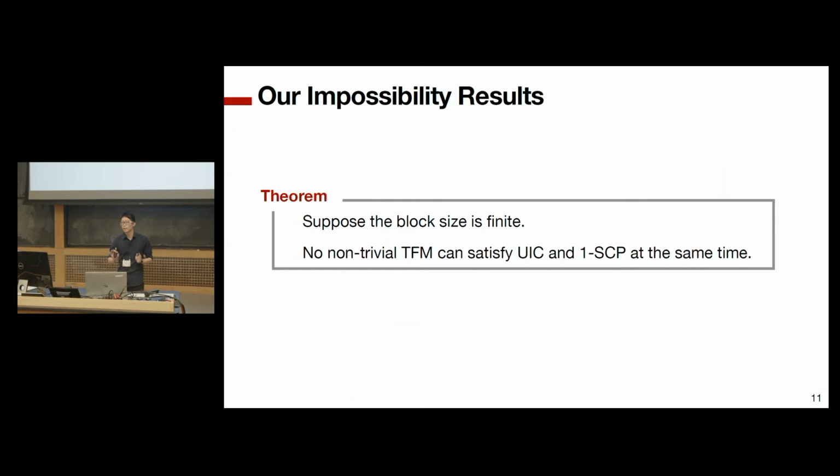By non-trivial mechanism, I mean the only mechanism that satisfies both properties is one that always rejects everyone. But that makes the blockchain useless.